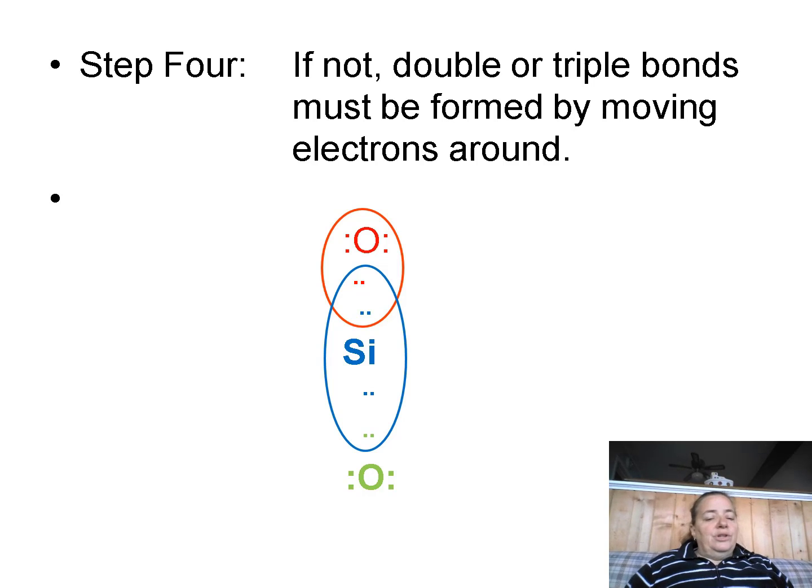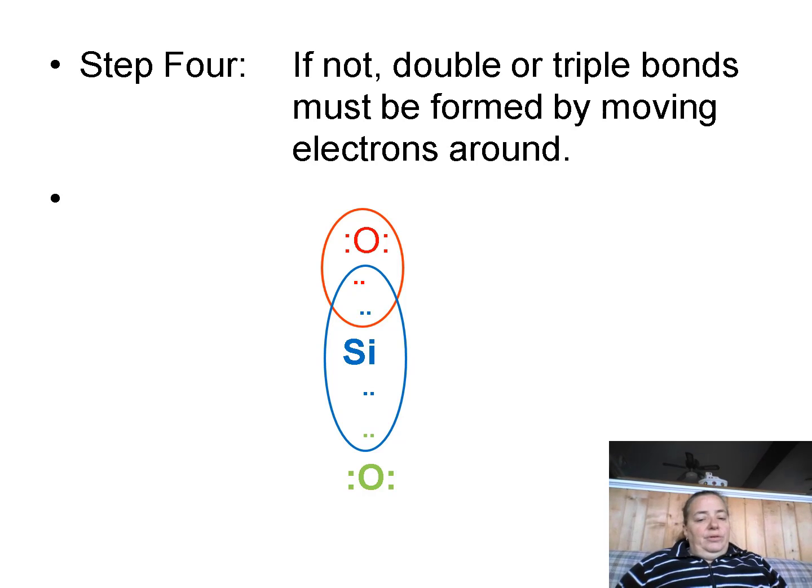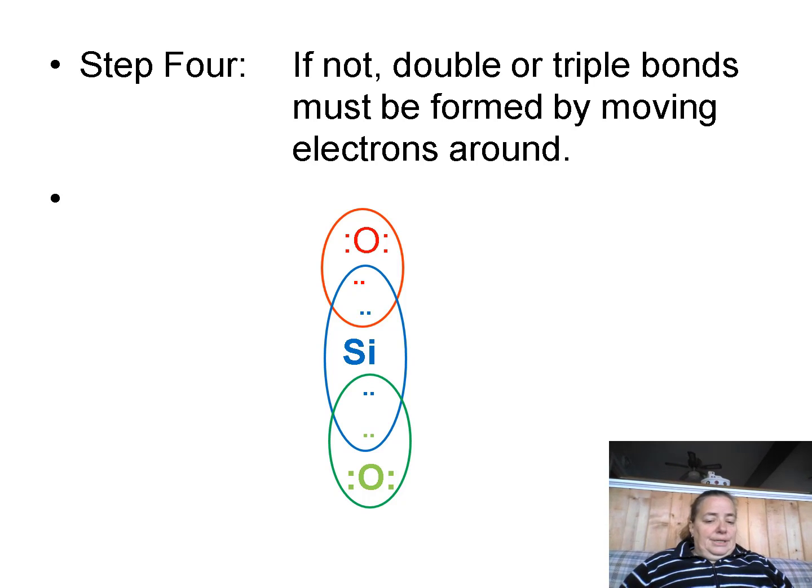Silicon counts the 4 in the middle from both oxygens, so 2 from the red one, 2 from the green one, plus its own 4. And then the other oxygen does similarly to the first one. So it's got 4 of its own that it's not sharing with silicon, and then 4 that it is sharing with silicon. So now they all have 8, and it is stable.